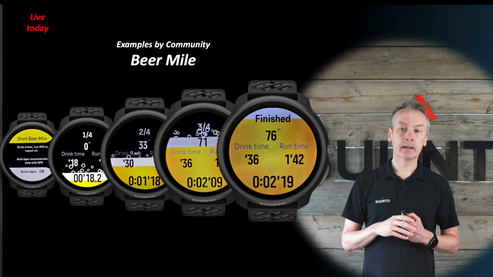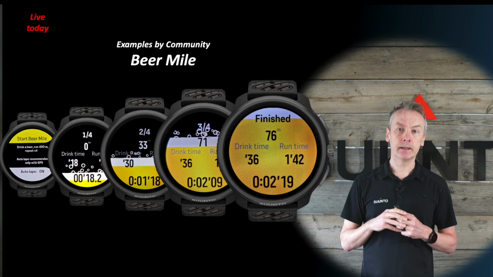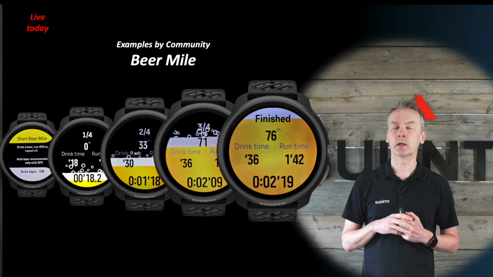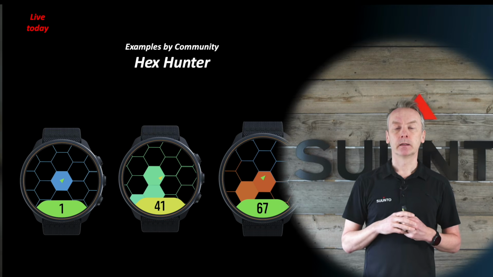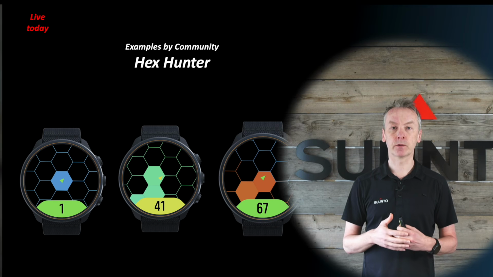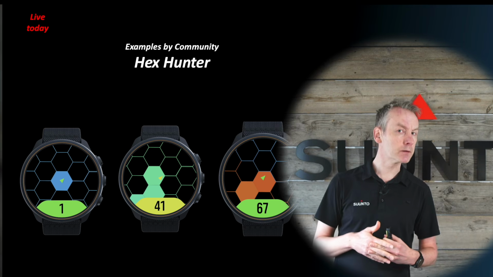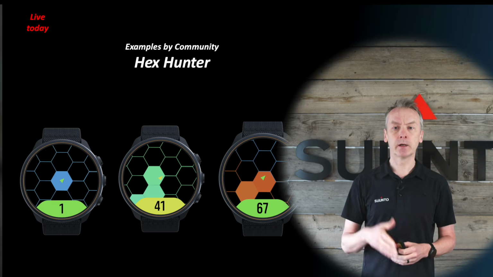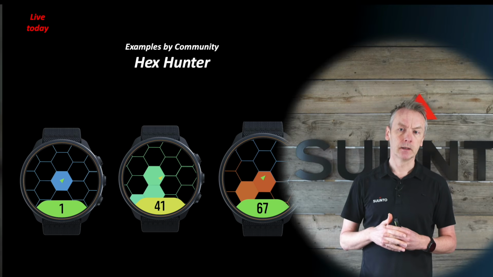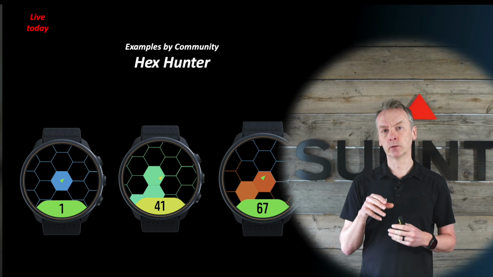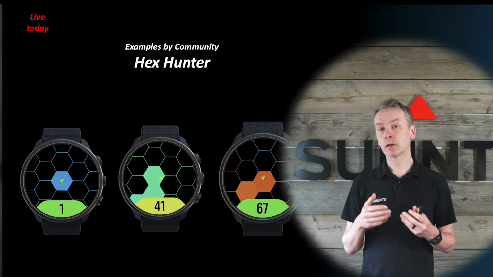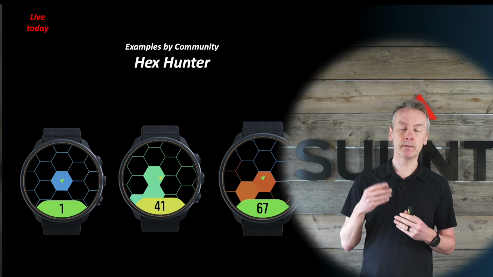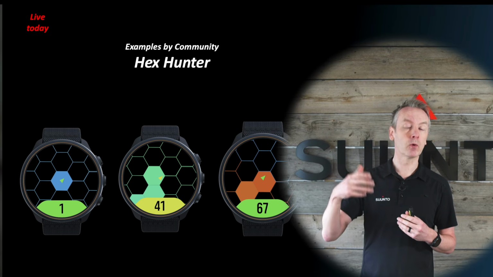And then regarding building something completely new, something different, Hex Hunter. The gamification of sport is of course something that people have always been interested in. What could you do to help people to be more engaged in sports? Hex Hunter is something about that. It's basically a tool or app or game within the Suunto watch which gives you points as you are covering more ground.